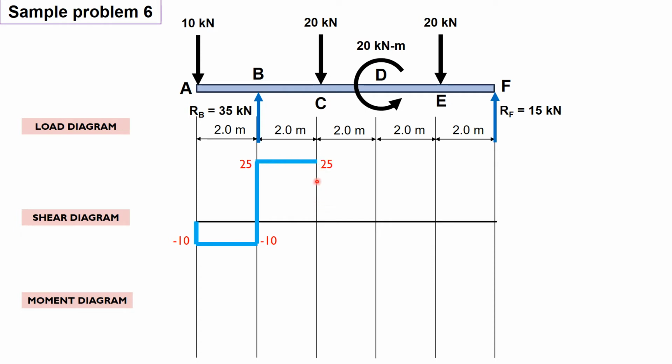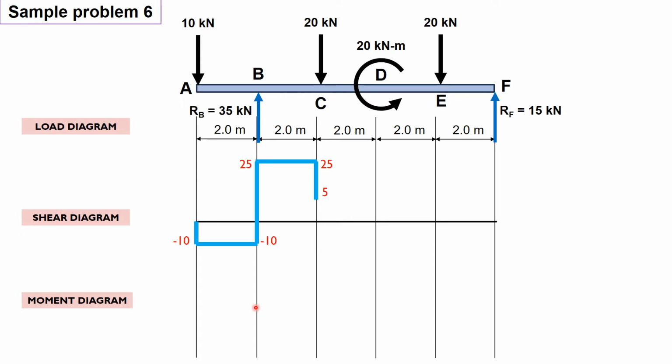Mula dito hanggang doon. So, pagdating mo dyan, merong 20 na downward. So, meaning from 25, ibawas mo yung 20, so that will be 25 minus 20 because this is downward. So, ang matitirang ordinate mo dito ay positive 5.